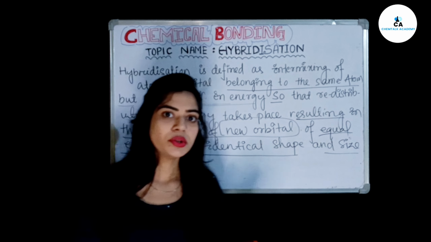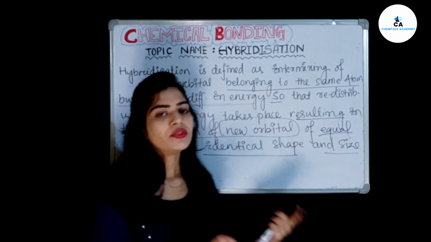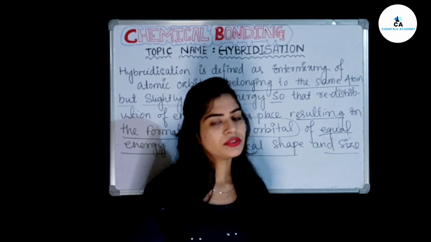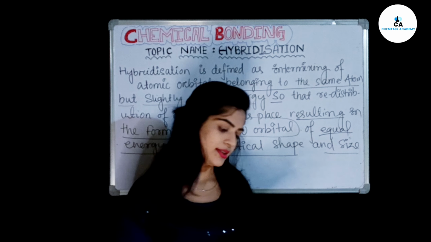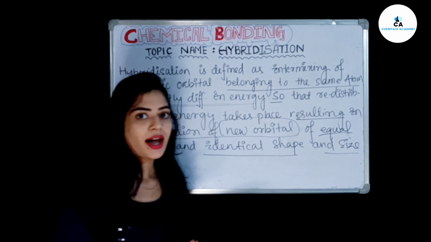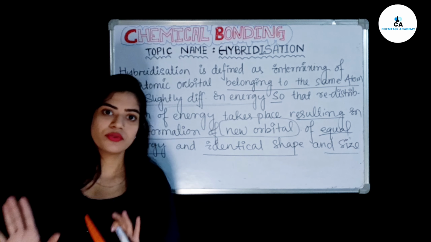We have so many theories. In valence bond theory, mostly we know that a covalent bond is formed by overlapping of orbitals. Then why did this hybridization concept come into existence? To understand that, we will take an example, the formation of the CH4 molecule.